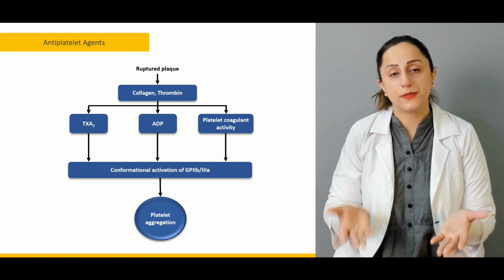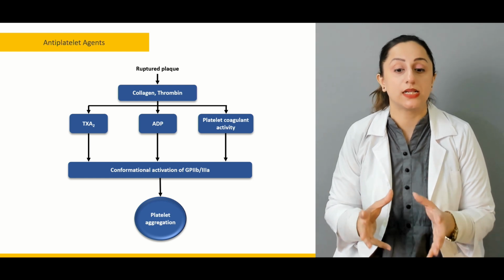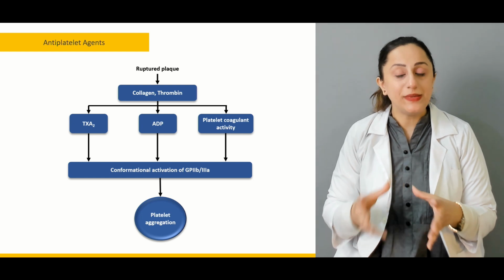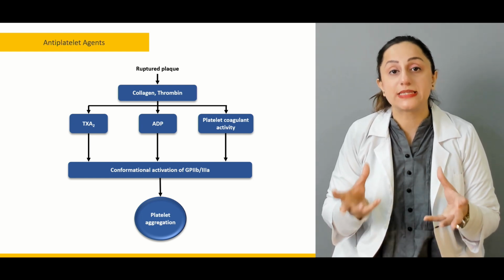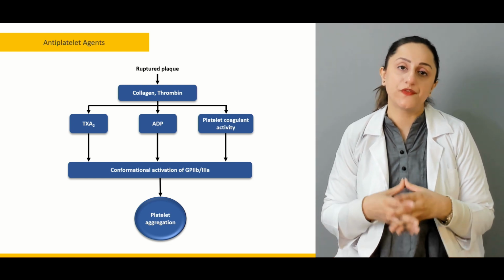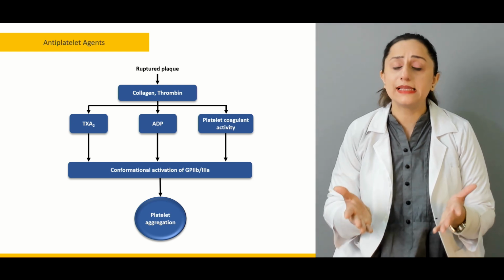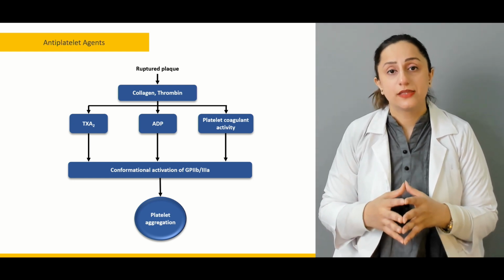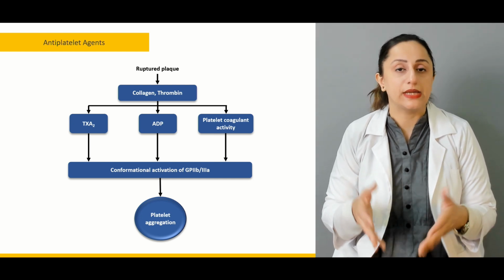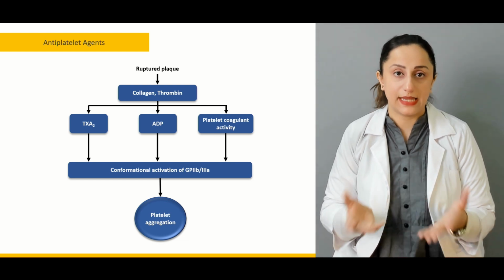After an event of a ruptured plaque, all of these phenomena are going to take place, and that is going to result in the conformational activation of 2B and 3A. These are the receptors that are present on the platelets, and that is going to finally give way to the platelet aggregation. And obviously, after the platelet aggregation, there's going to be a complete blockage of the arterial circulation to that particular organ. So this is the cascade of events that take place.